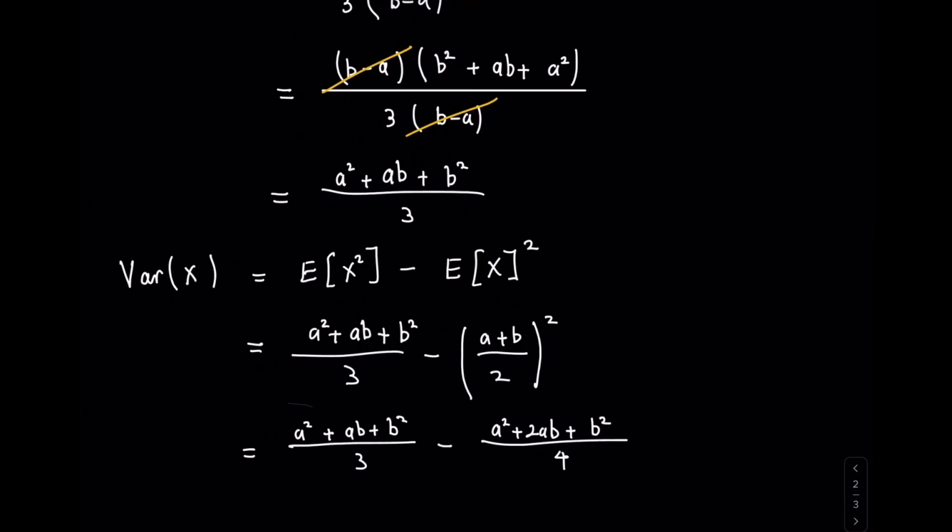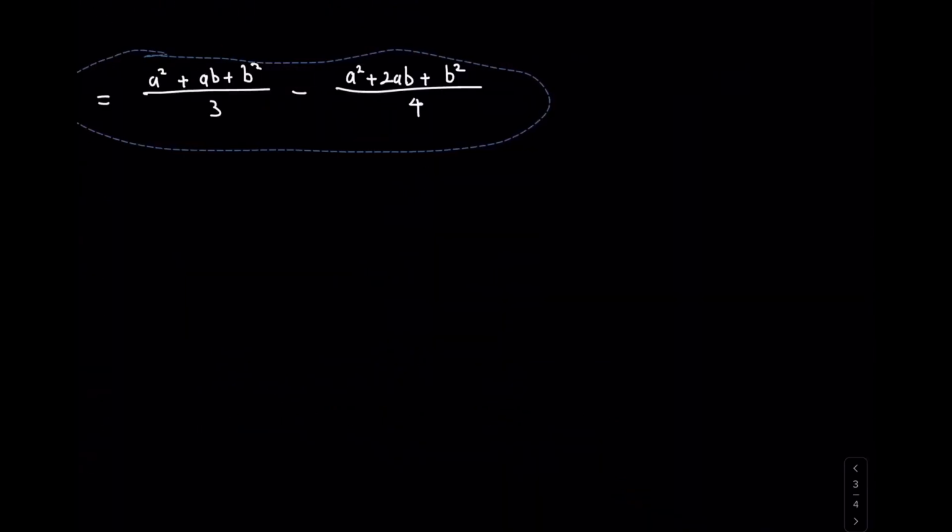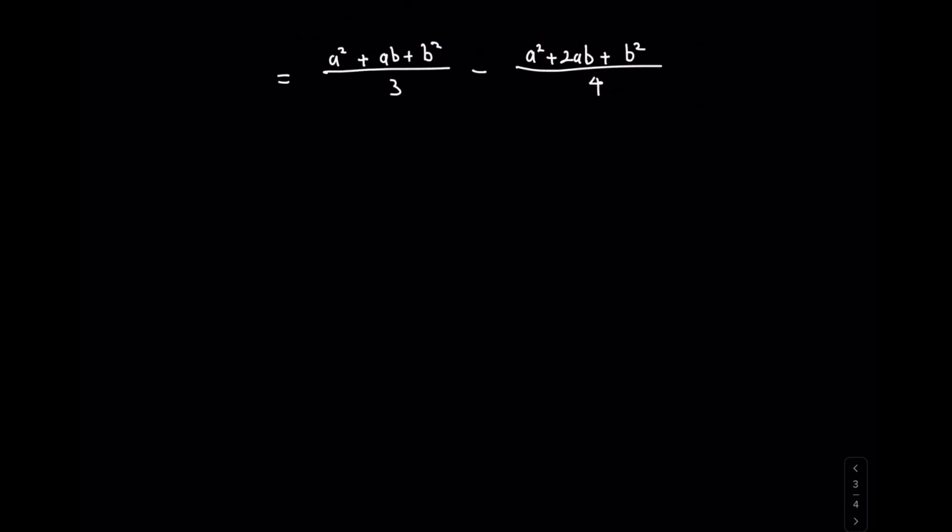Again, we're still not done just yet, so I'm going to copy this to a new page and paste it at the top here. And again, remember we're trying to calculate the variance of x.